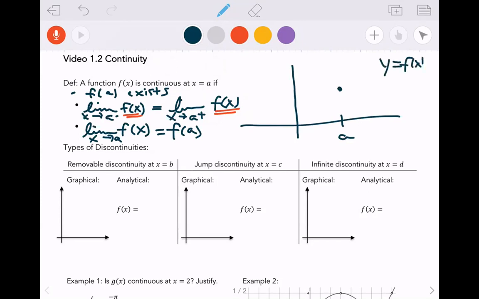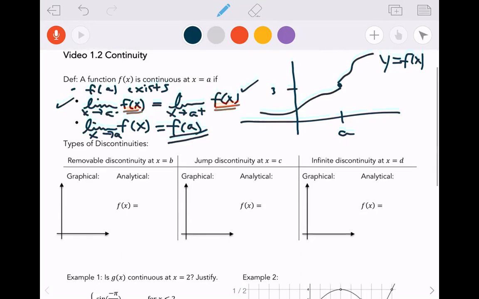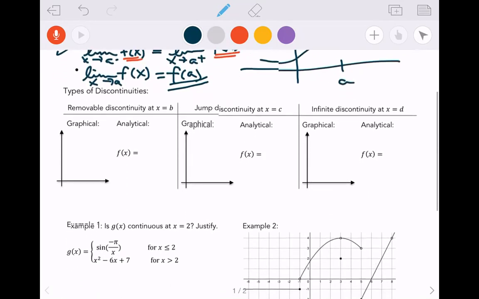F of a is defined. Maybe it's up here at 3. Okay. Next, I'm going to make sure that as I approach a from both sides, I not only end up at the same height, but it has to be at 3. So boom.